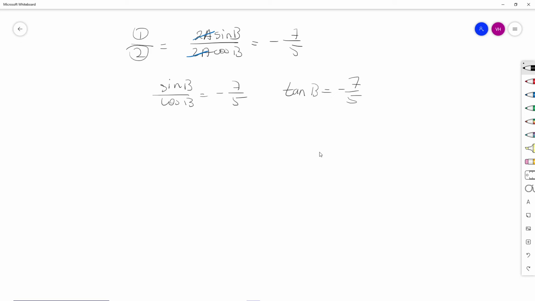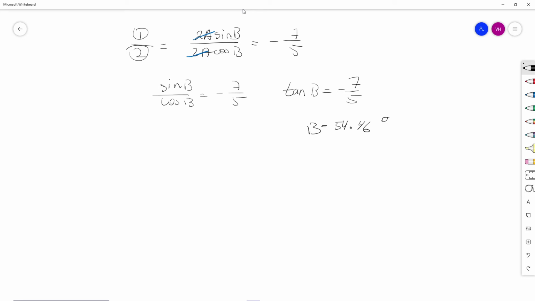In our case, however, give me a second, I have to use my calculator for this. In our case, the value of b is 54.46 degrees, right?